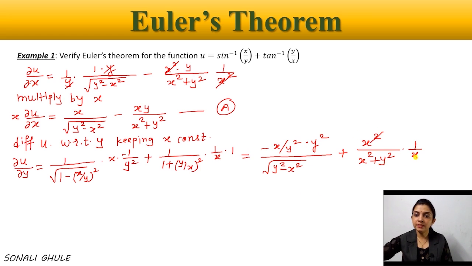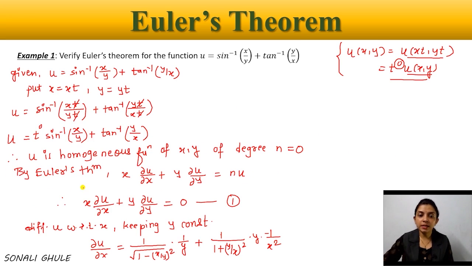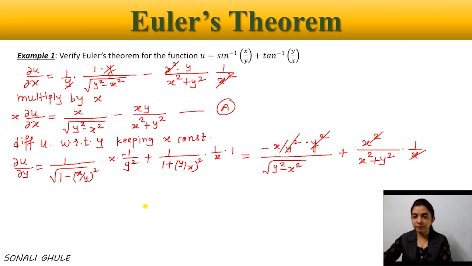So here this x and this x will cancel, this y square and this y square will cancel, and I have to multiply this dou u by dou y by y. Why? Because in our proof, our dou u by dou y is multiplied by y. So let's multiply by y here.